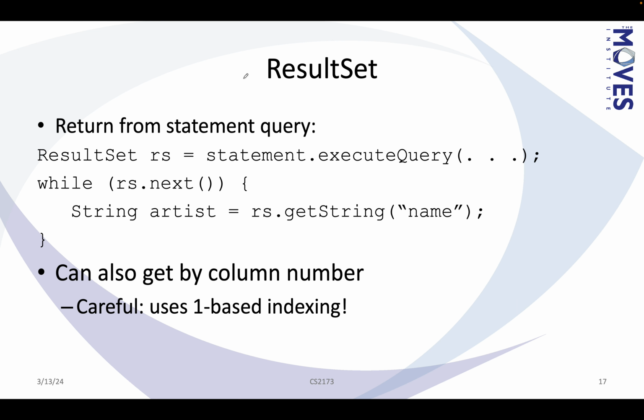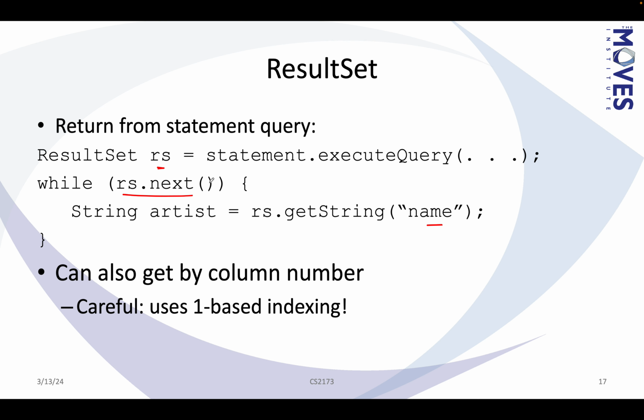So here's a typical kind of usage of this. We'd execute a query, and the contents of this would be, say, select something from something, and hopefully one of the column names would be called name. Then the result set object has one of these next things.